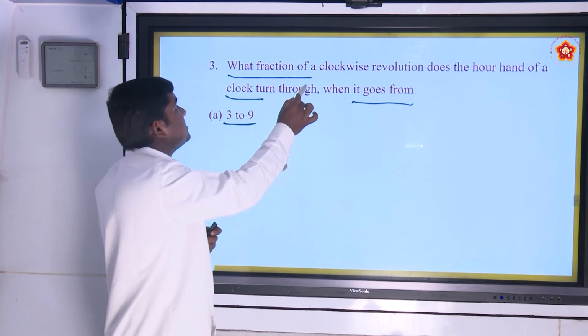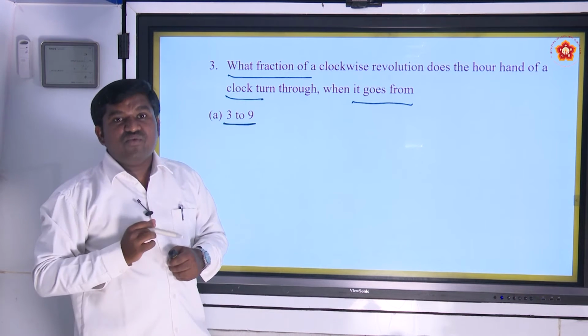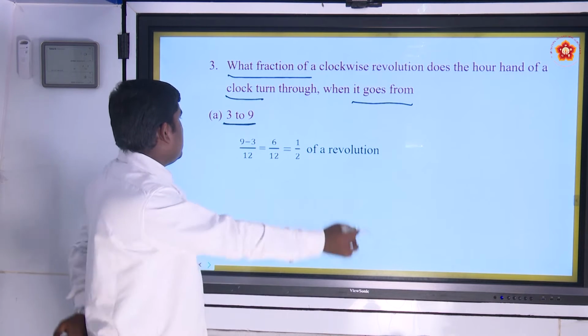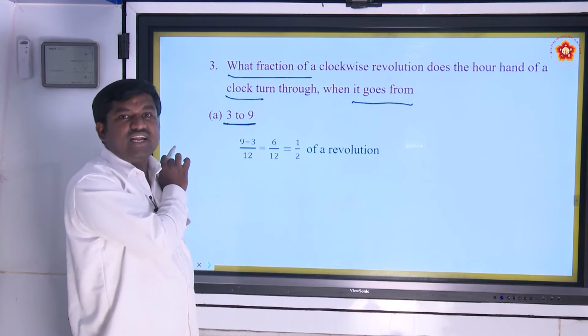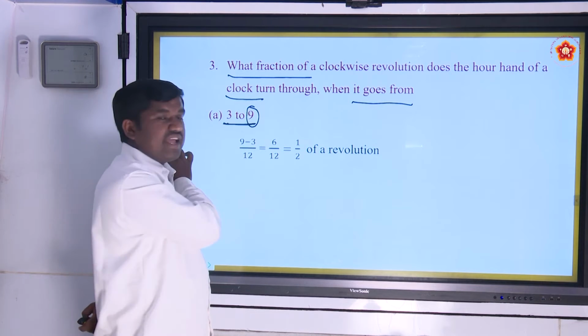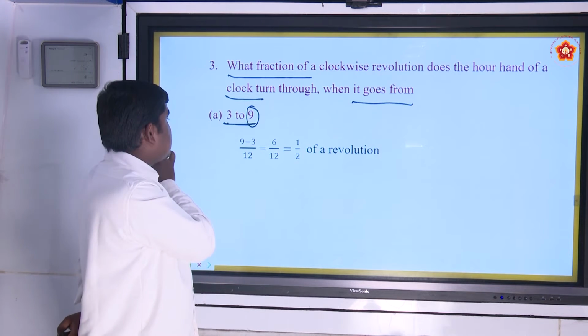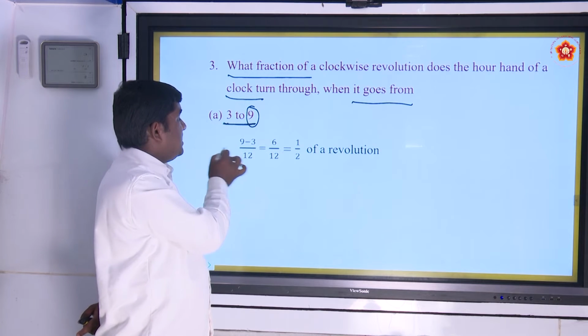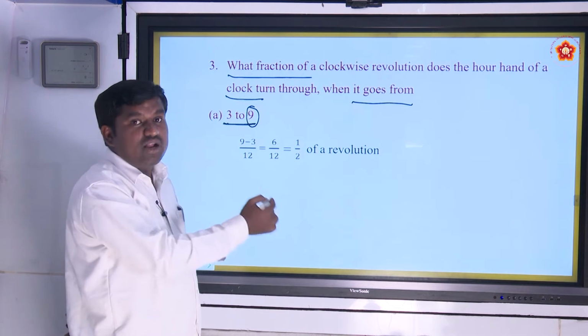Then we have to find what fraction of a revolution that is. What do we have to do first? Observe here, among 3 and 9 which is the bigger number? That is 9. Subtract the smaller number from the bigger number, and divide by the total number of hours.